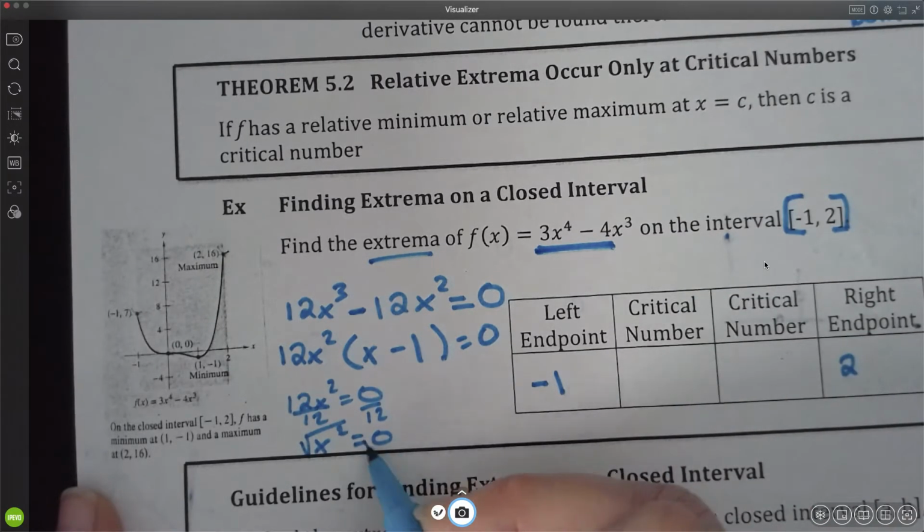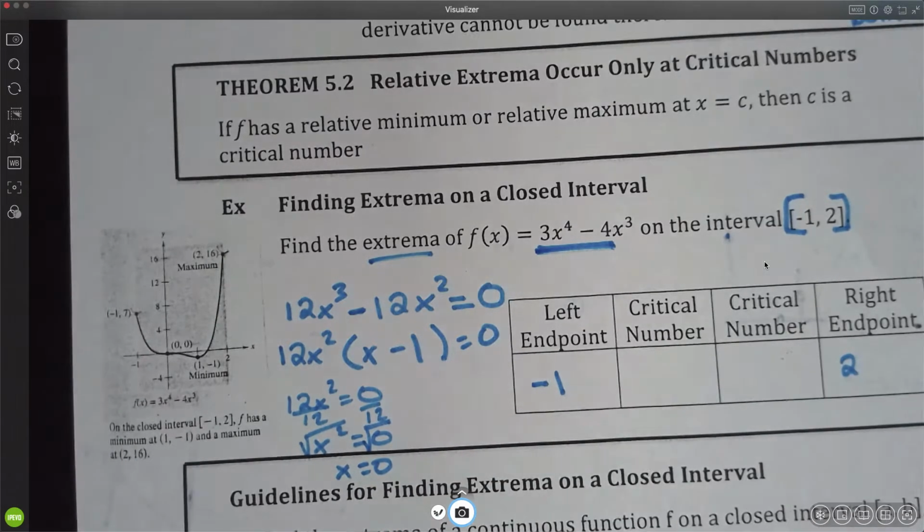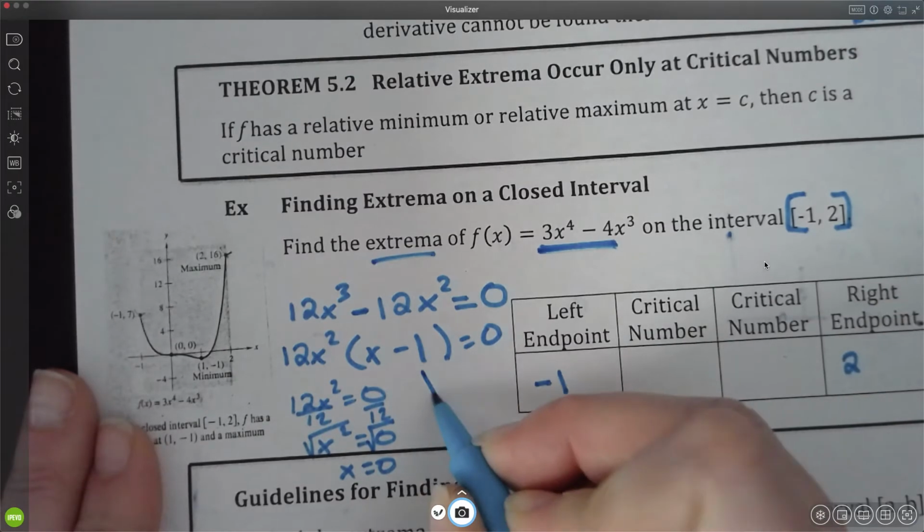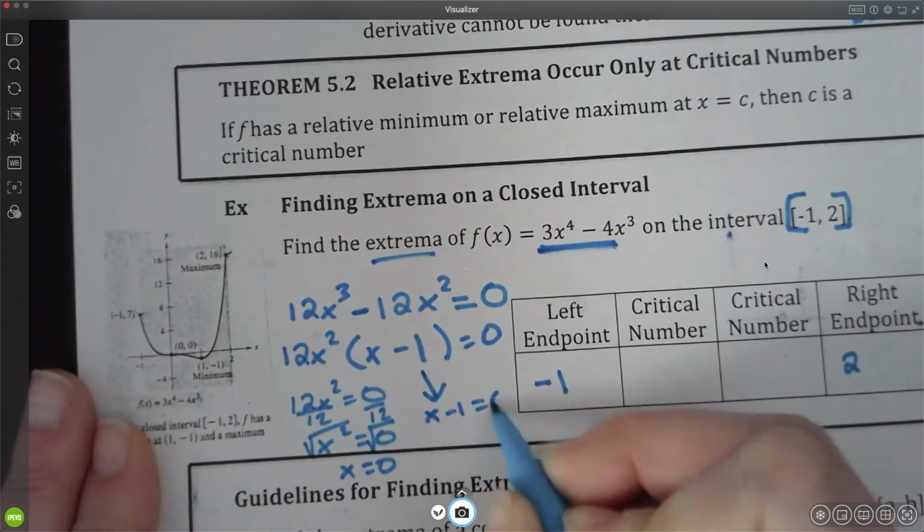Am I going too fast? x equals 0 is one of my critical numbers. It really is plus or minus 0, but whatever. So one of my critical numbers is 0. The other one is, when I set x minus 1 equal to 0, x equals 1.